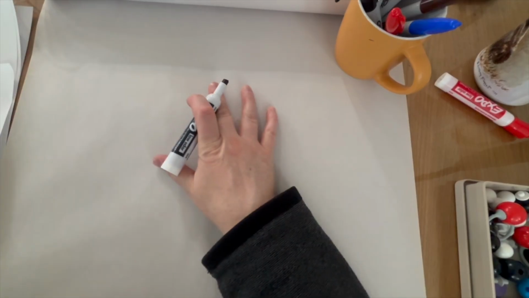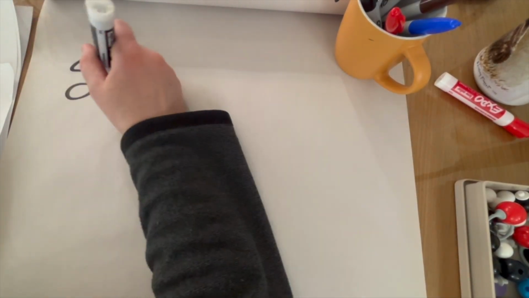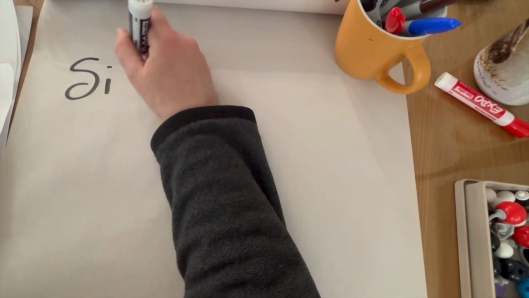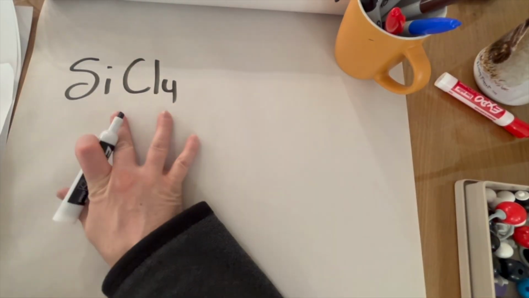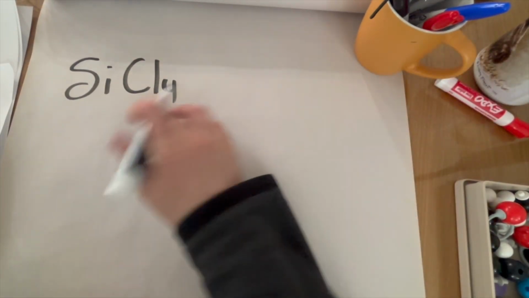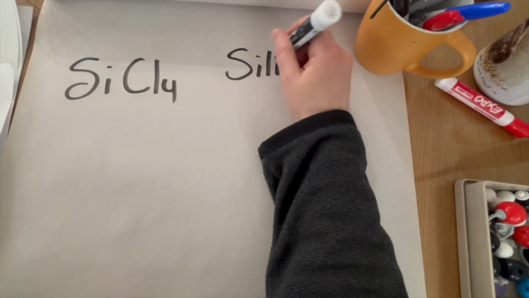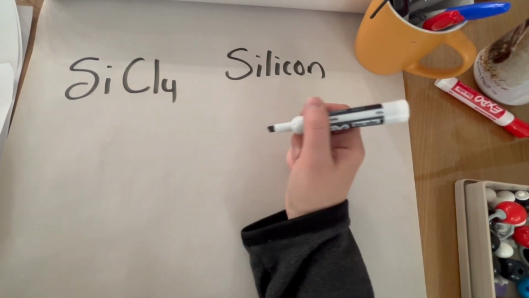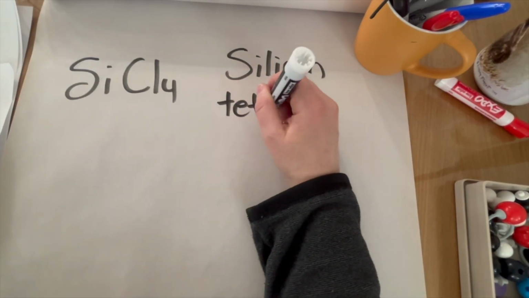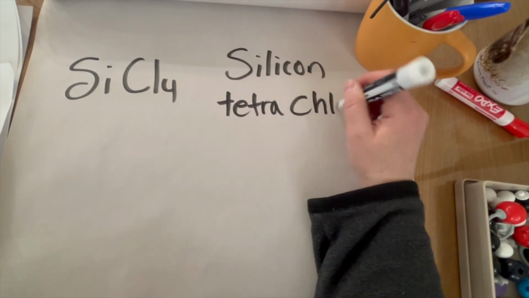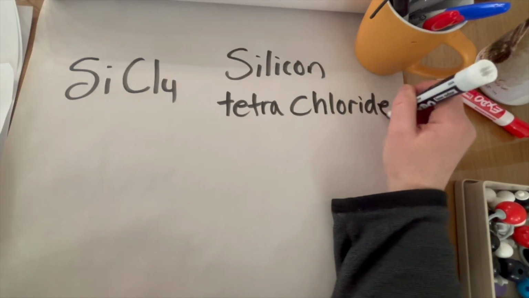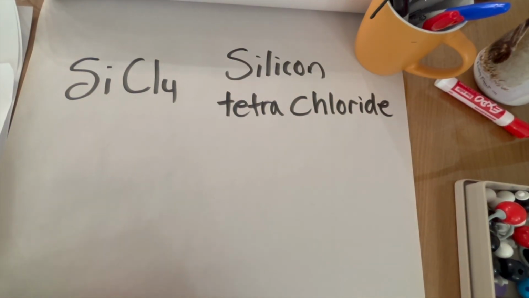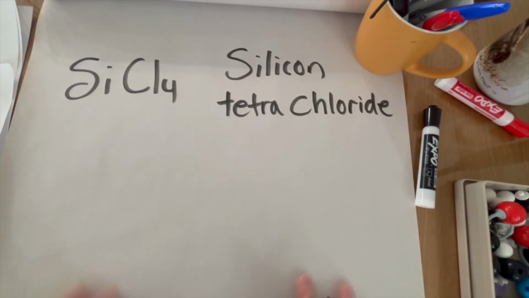Okay, so this one is going to be our second one in homework C, silicon tetrachloride. Silicon, and then the 4 for the chloride makes it tetrachloride. Okay, so silicon tetrachloride, and we need to figure out how to draw the Lewis dot structure.